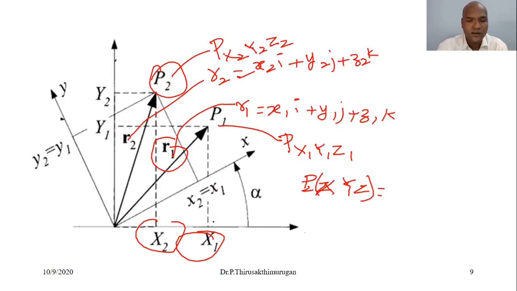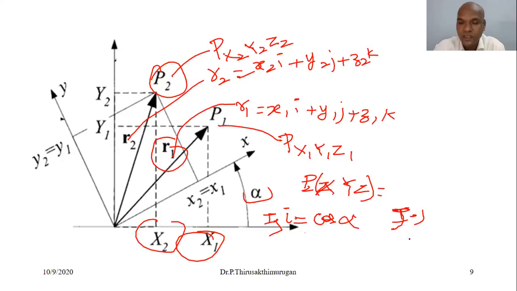So this alpha, I along x-axis, I dot I equal to cos alpha, whereas I dot j is negative, so it is on the negative side. So I dot j is minus sin alpha.